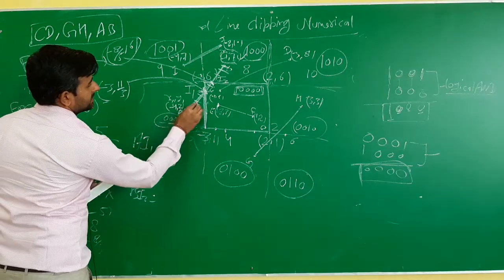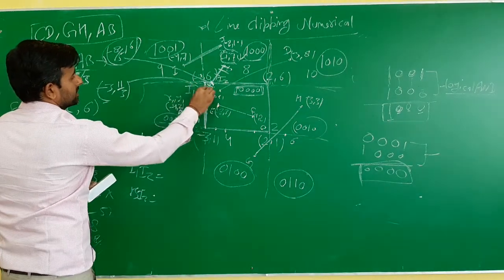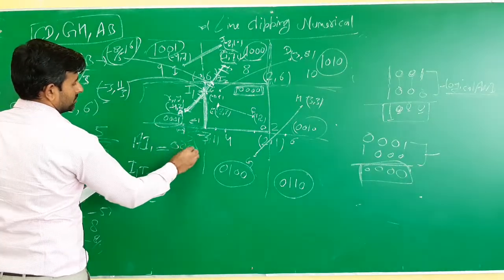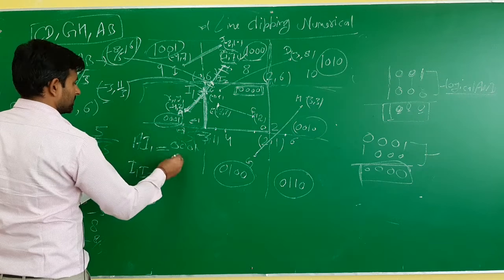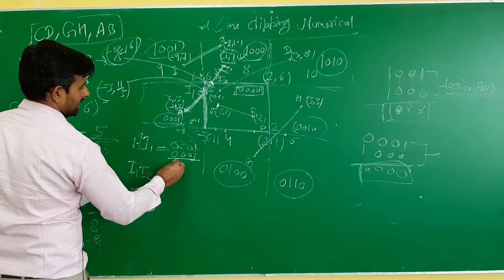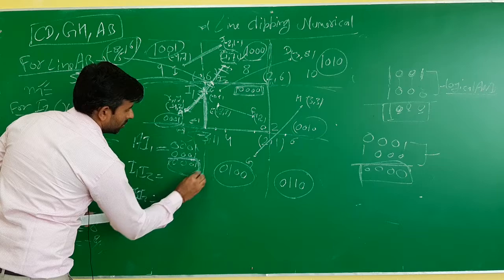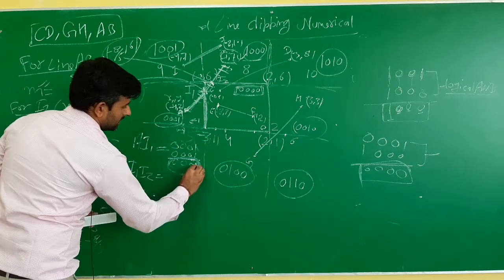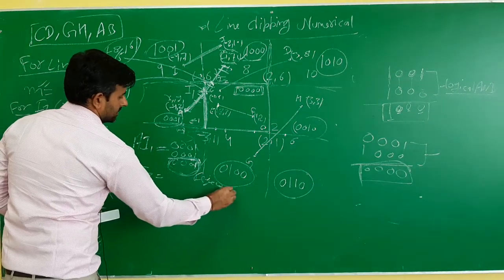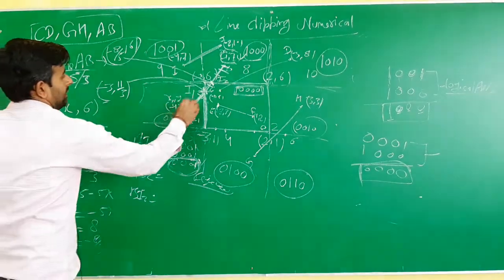We are talking about this line, and this line is outside from the window. Then the region code is 0001 and I1 has the same 0001. The logical AND will be 0001 and it is non-zero. It has the one value. Then this is rejected. We will write rejected. It means outside from the window. We will not consider this section A I1.